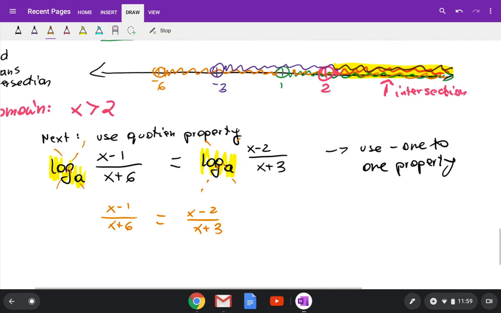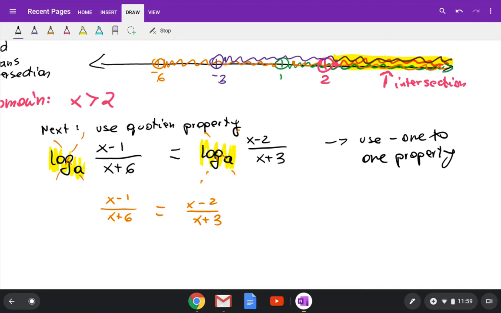Okay, so you have a fraction equal to a fraction. The way I recommend to solve it is to use cross multiplication. I think that will be the easiest way.